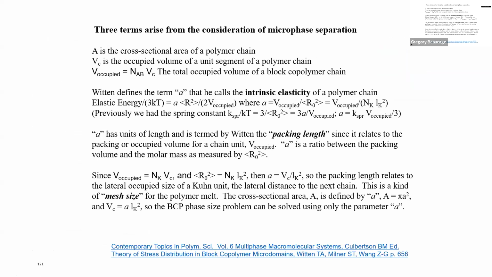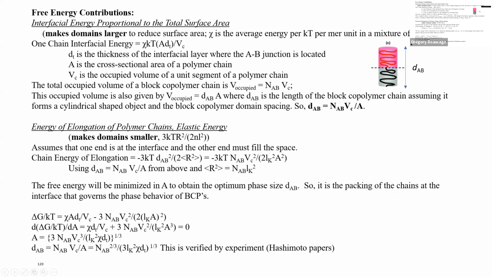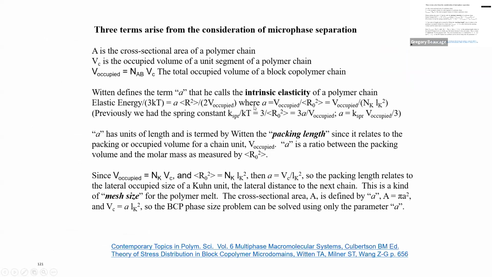But anyway, from that you got that area idea, which is the packing length essentially. In this paper, he defines this intrinsic elasticity, this A parameter, and basically eventually in the same paper he gets to the term packing length that he comes out with.